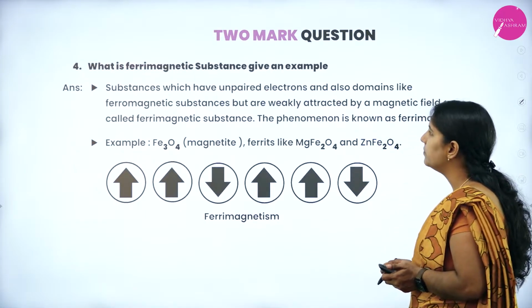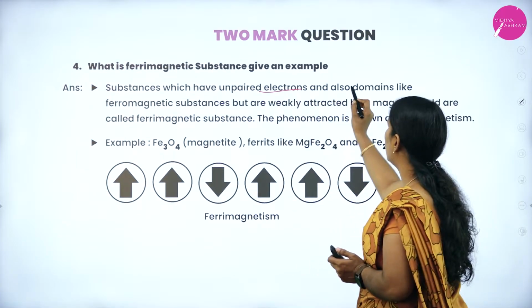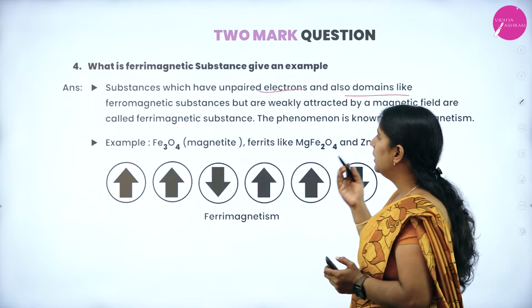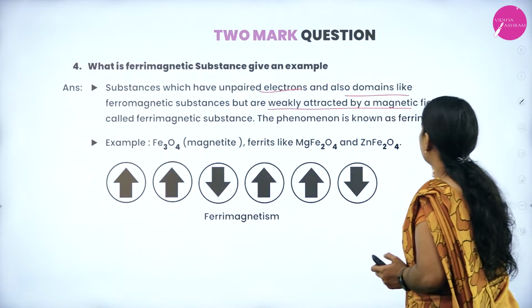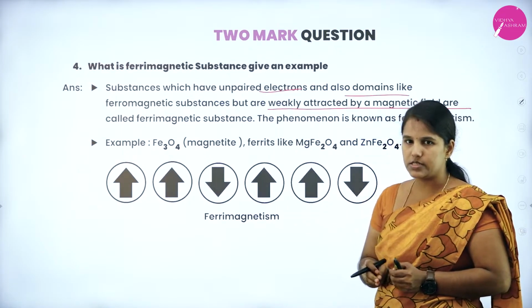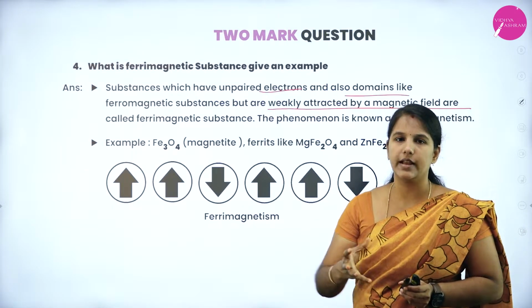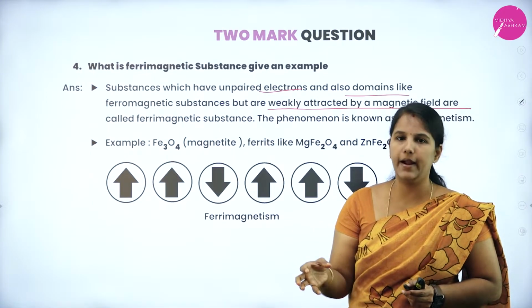Give an example. The substances which have unpaired electrons and a domain-like structure, like the one I have shown here for ferromagnetic substances, but are weakly attracted by the magnetic field, are known as ferrimagnetic substances. So, you must understand the difference between ferri and ferro. Ferromagnetic substances are strongly attracted by the magnetic field because of the unpaired electrons.